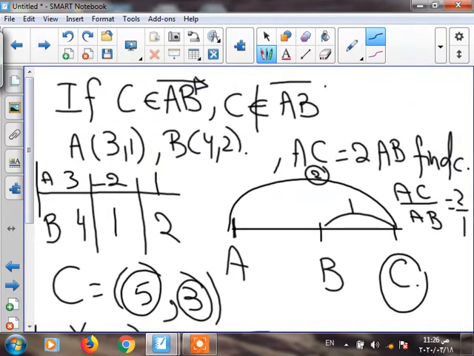Another time, we say that C doesn't belong to AB, so the division is external. So we put it outside. We say that AC equals 2 AB. And if we deal with AB, find the relation between CA and CB. CA 2 and CB 1. So this is our division.